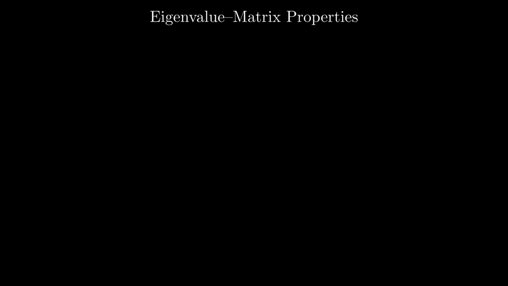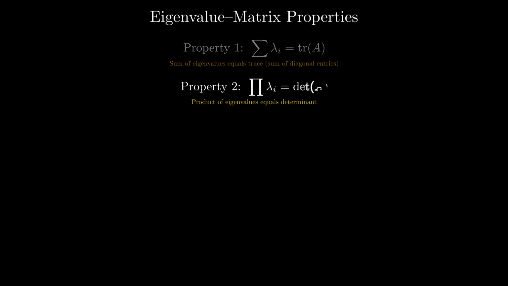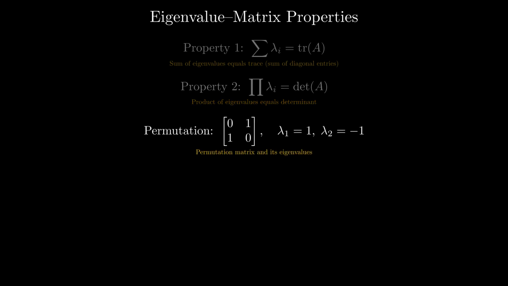Now for a pair of facts that tie eigenvalues directly to the matrix itself. First, the sum of all eigenvalues equals the trace, which is the sum of the diagonal entries. Second, the product of all eigenvalues equals the determinant. Let's verify both properties with our permutation matrix. The permutation matrix has entries 0, 1, 1, 0.